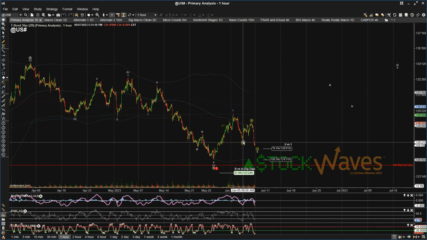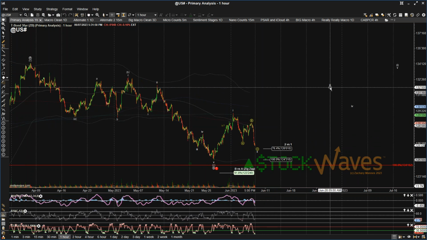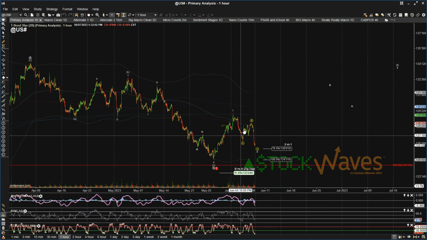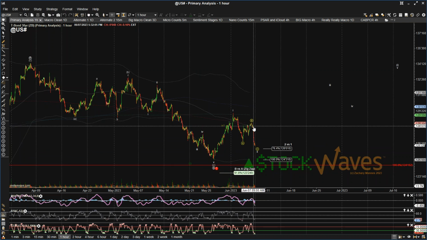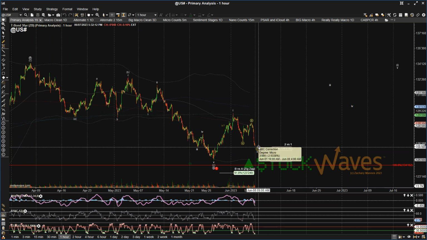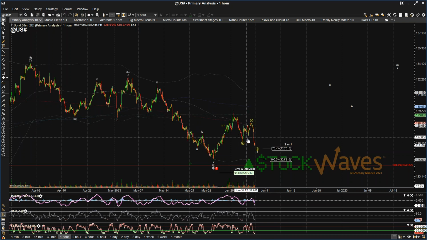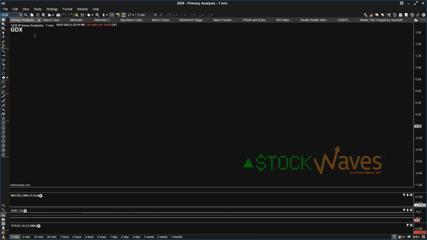This was a 618 retrace, and we were looking for a start to a 3 of wave 1 of this larger C wave. But we only got 3 waves up, and they started to falter, and they couldn't hold ideal support right here in the high 127s. So dropping down here forced this wider flat off of the earlier June high. So that's what GDX kind of did on the smaller time frame.